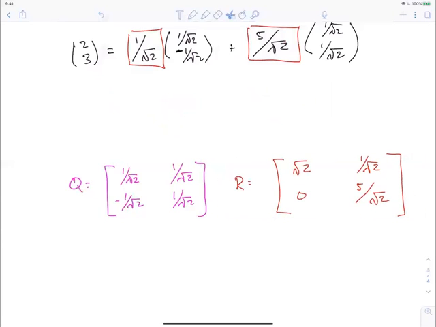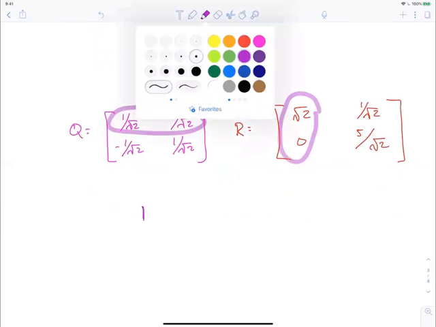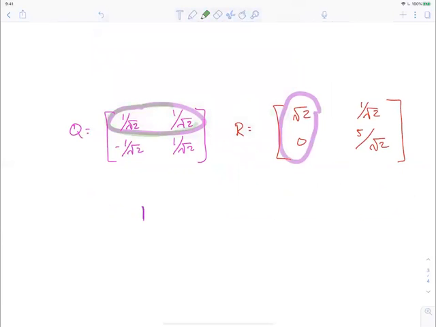And if we multiply these together, let's just multiply these together to make sure we get what we wanted. We multiply that one times that one, we get 1. And if we multiply those two, that's a little harder to do.